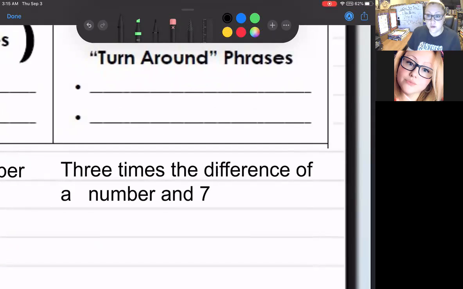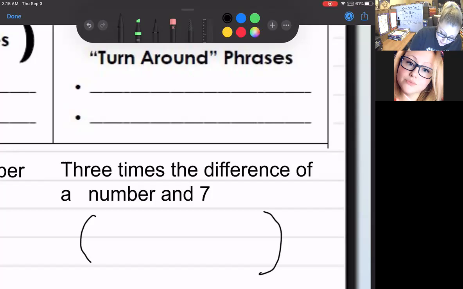So again, the difference. We wrote that somewhere, didn't we? Again, we're talking about those parentheses. So the difference of 3 times, 3 times the difference.